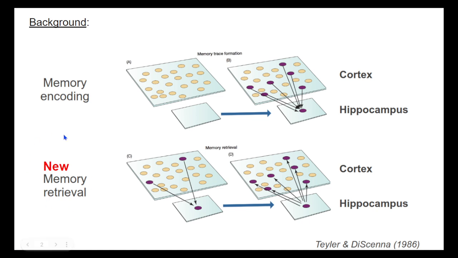Initially, you need both the neocortex and the hippocampus to retrieve this memory, and the hippocampus will aid in pattern completion, which is essentially a measure of similarity.